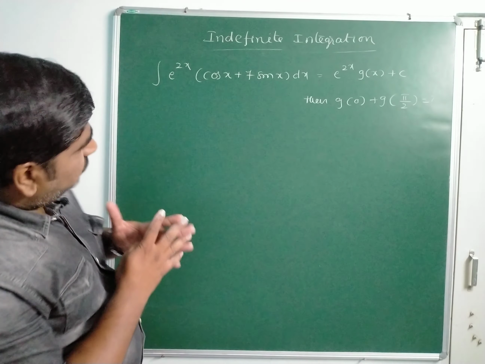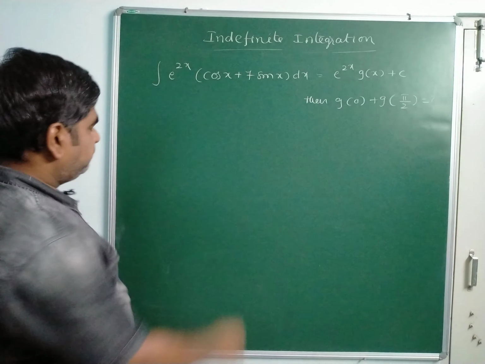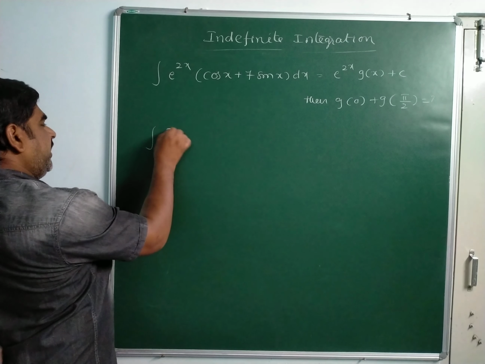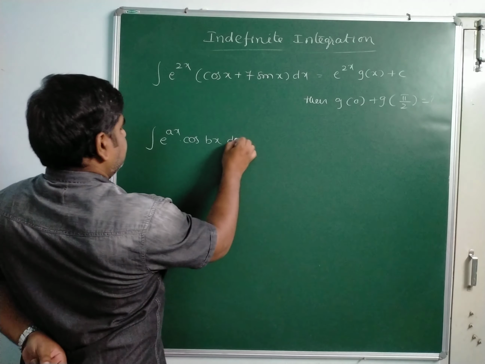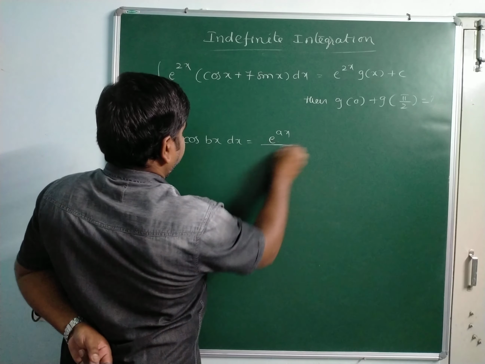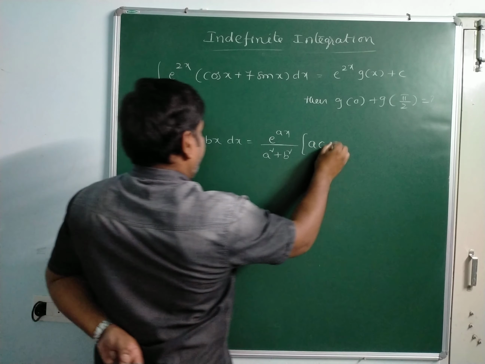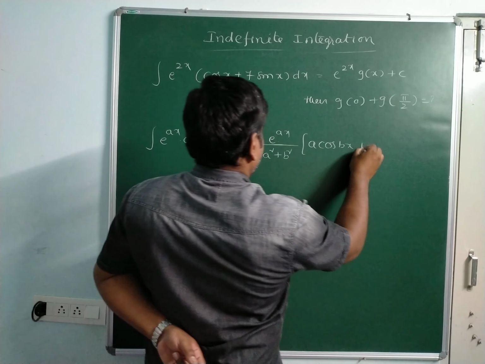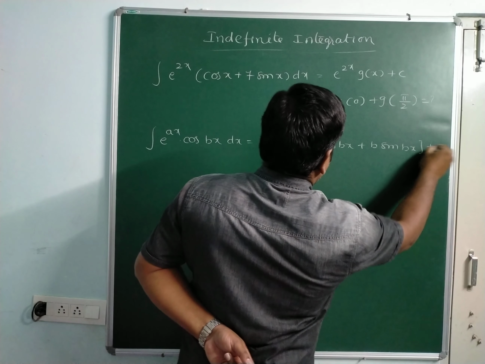If you want to do these questions, you have to remember two different formulas compulsorily. The first one, integral e^(ax) cos bx dx, is equal to e^(ax)/(a² + b²) times (a cos bx + b sin bx) + c.